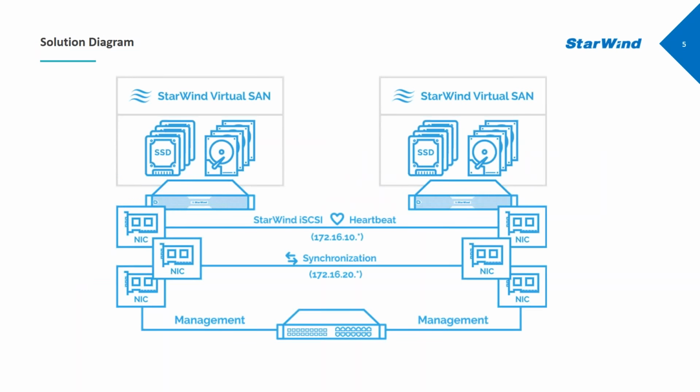So let's discuss how you can combine StarWind Virtual SAN infrastructure and storage spaces. On this diagram, you can see our basic setup: a 2-node cluster. Today I will show you a 2-node Hyper-V cluster. In this setup, each node of the cluster has some SSDs and HDDs installed.